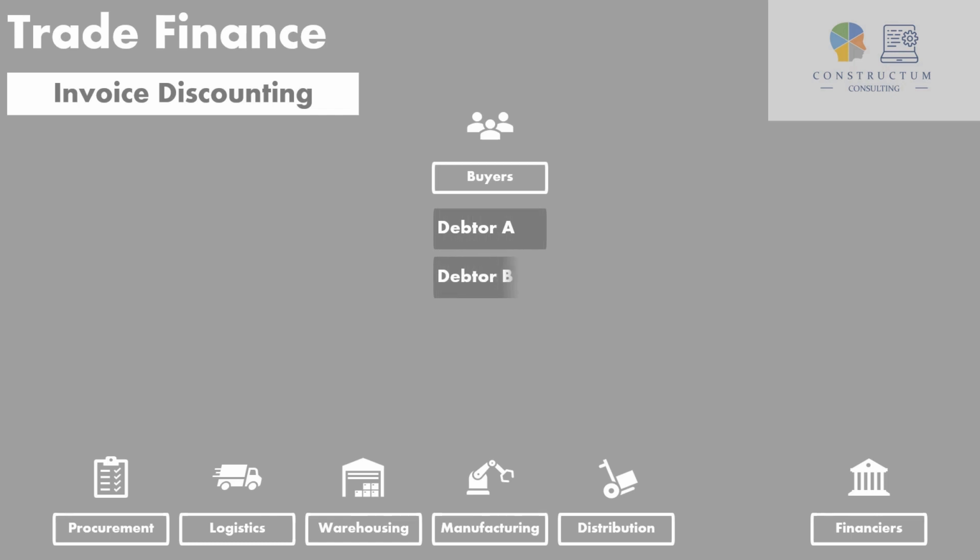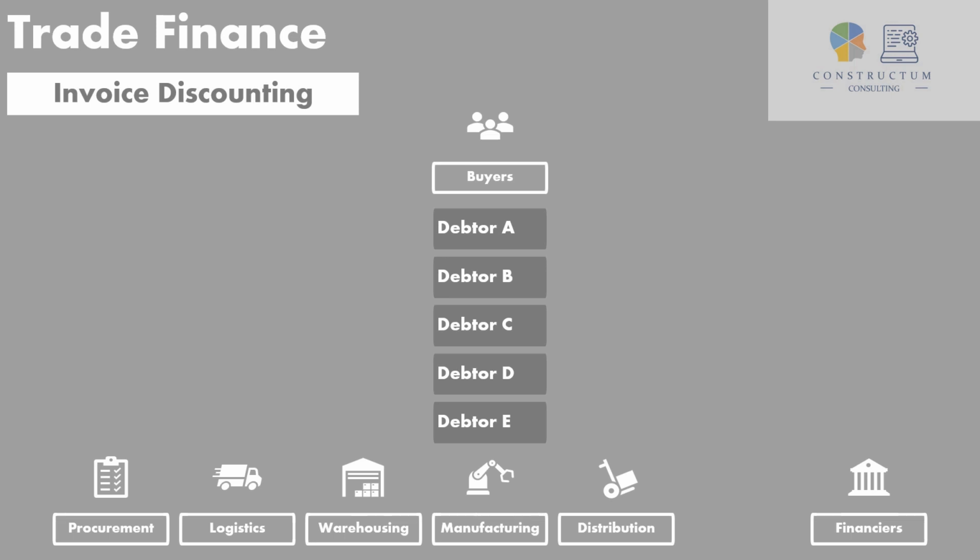Let's say a trading business has 5 key accounts. Financiers assess the financial track record and reputation of these debtors, which is easier to do than it might appear, since most large blue-chip buyers are listed entities that publish their financial results annually.